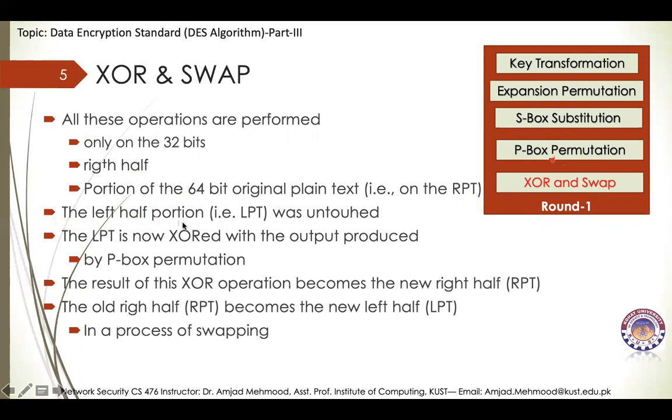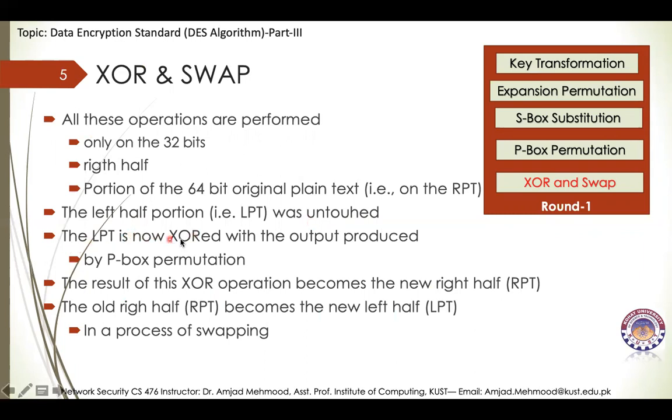The left half portion, left plain text, was untouched. I hope that you understand the Feistel block structure on which DES is based. This thing is brought from the Feistel block structure. In the Feistel block structure, the left portion was untouched, if you remember.